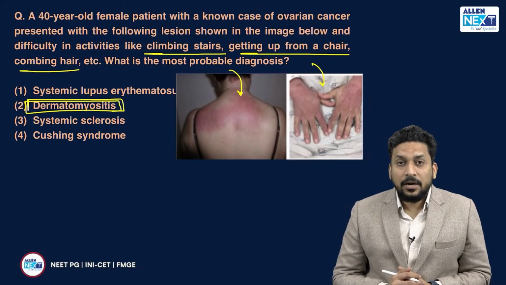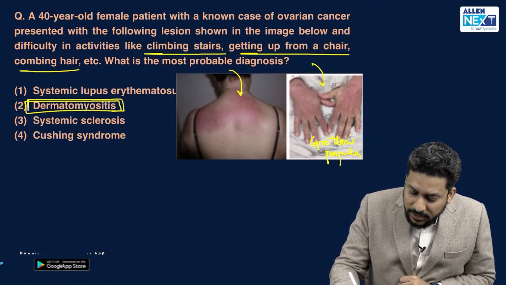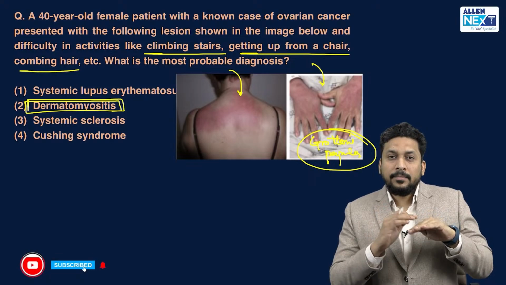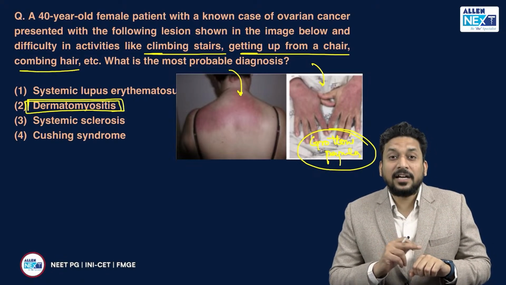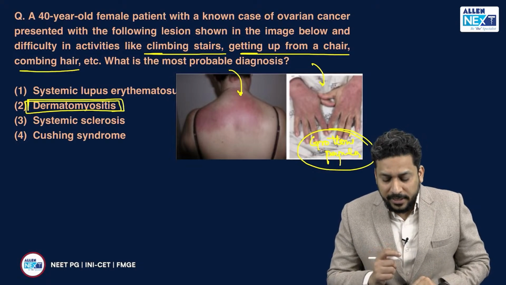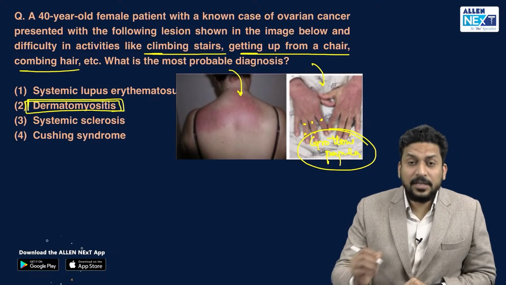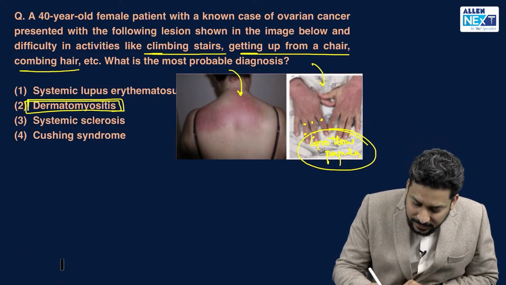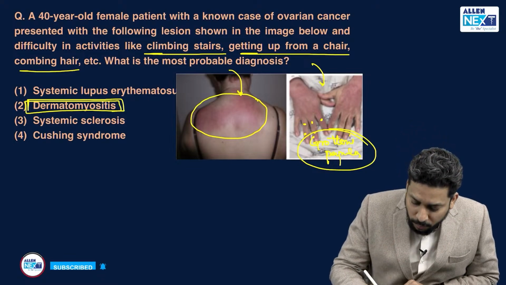Like you can see Gottron's papules, which are generally seen over the interphalangeal joint or metacarpophalangeal joint. So here these papules are generally present. Then similarly, there is the shawl sign, that is erythema or violaceous presentation over the back.